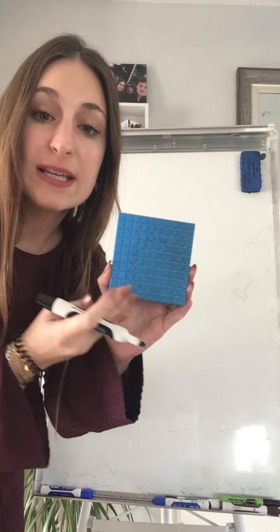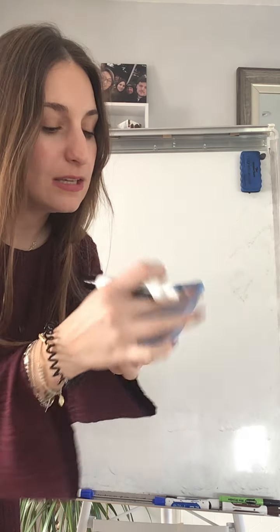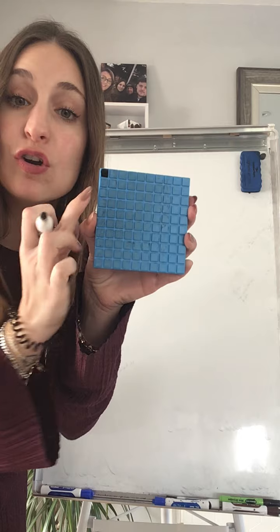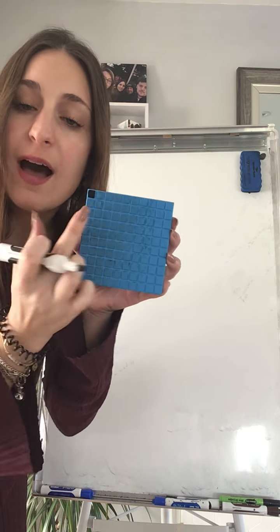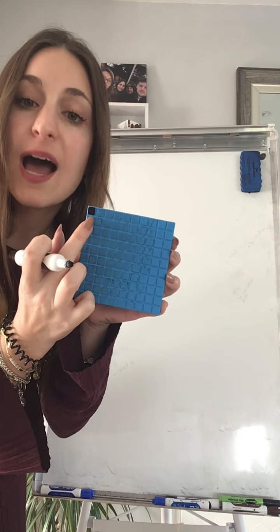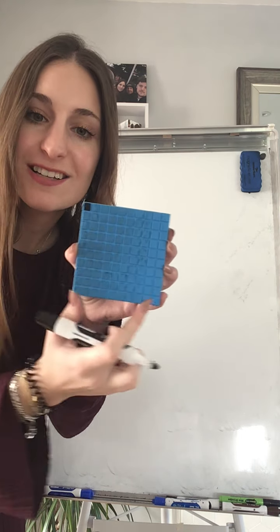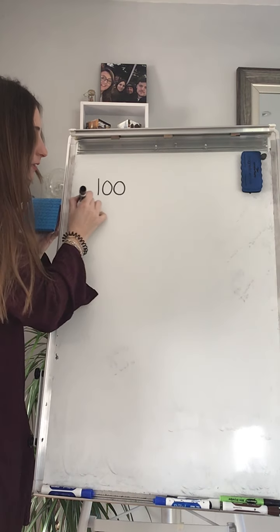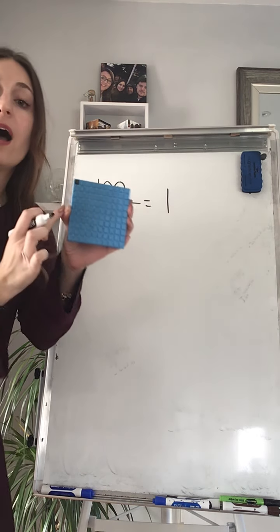So this is a whole, this is 1, and I'm going to be choosing only 1 out of, how many are in total in one whole? How many? Yeah, hundredths. There are 100 hundredths to make my whole. So I need 100 hundredths to make a whole.